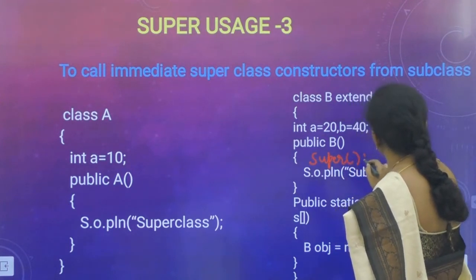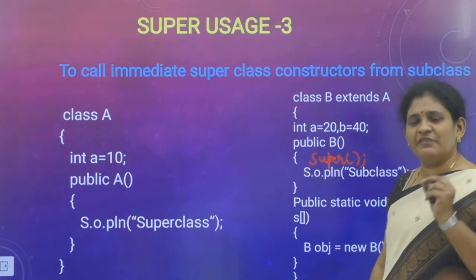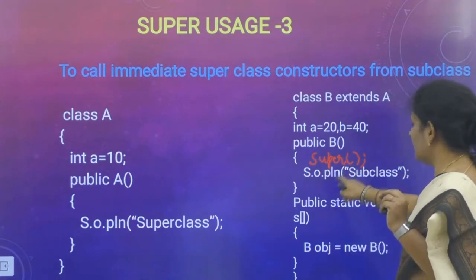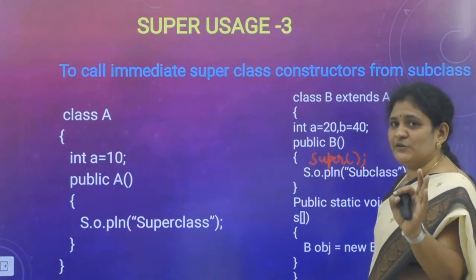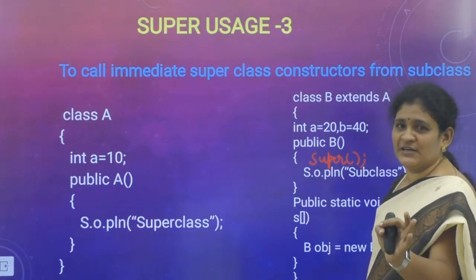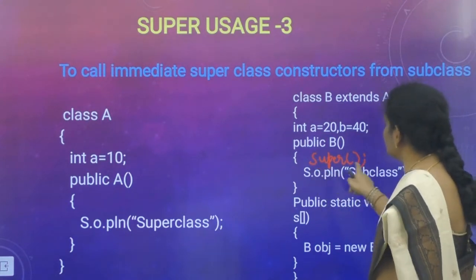Inside the constructors, the first statement will always be super. If you put it, then okay. If you didn't write the statement super as the first statement in your constructor, then the JVM will put the first statement as super, like this.